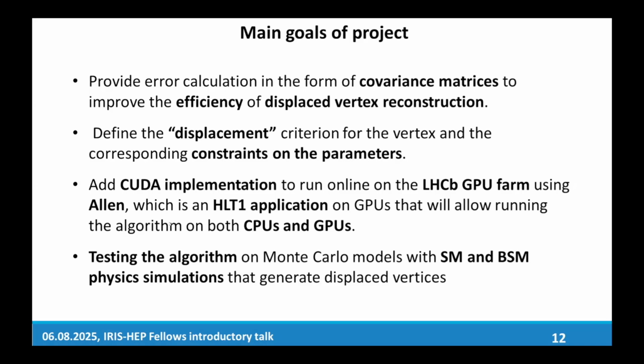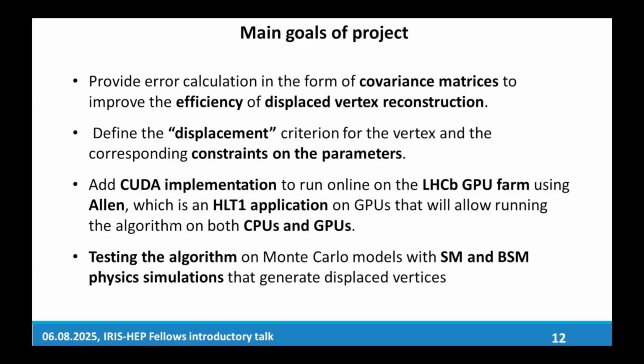Also it's important to define the displacement criterion for the vertex and the corresponding constraints on the parameters of these vertices, like coordinates, distance to the beamline, number of tracks, and so on. Also, it's important to investigate the optimal parameters for all stages of this algorithm, like our constraint for the chi-square criterion, where we can consider 2 vertices as one, and so on.